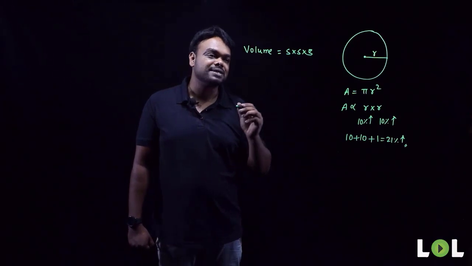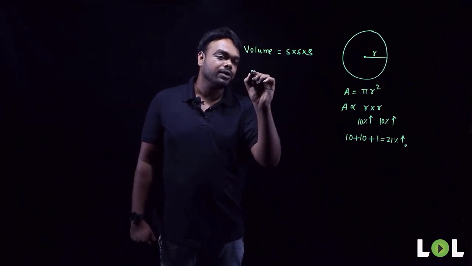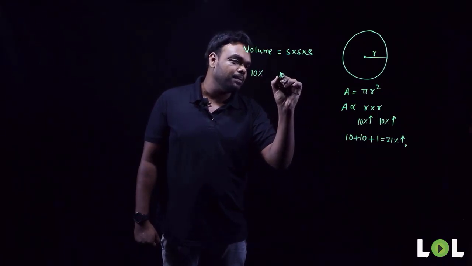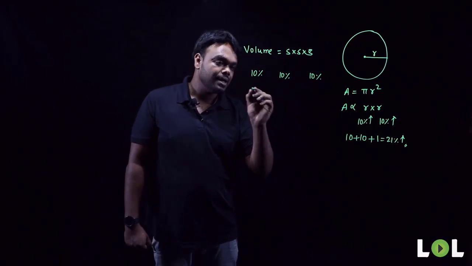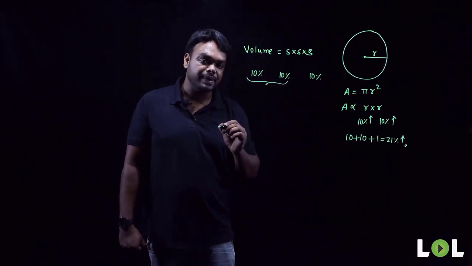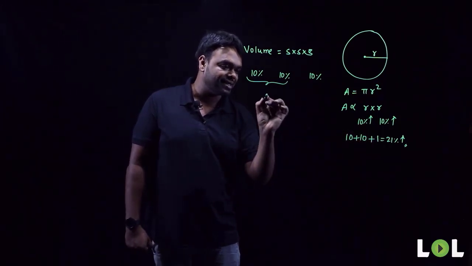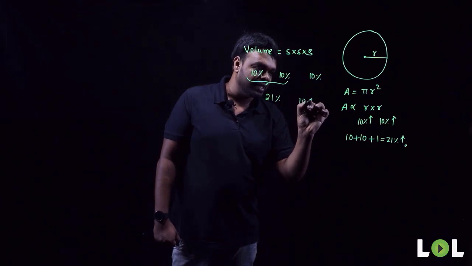So let us see what happens. Now can we apply x plus y plus xy by 100? Of course you can apply. We have a 10% increase, a 10% increase and a 10% increase. If we apply for 10% and 10%, x plus y plus xy by 100, we will get the same answer, that is 21%. Again we have another 10% here.